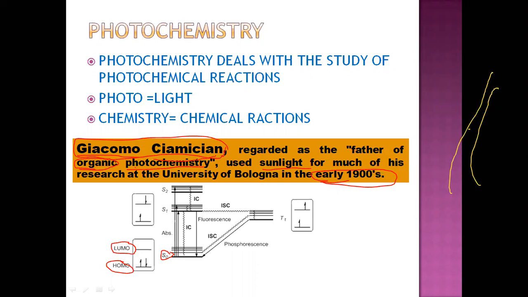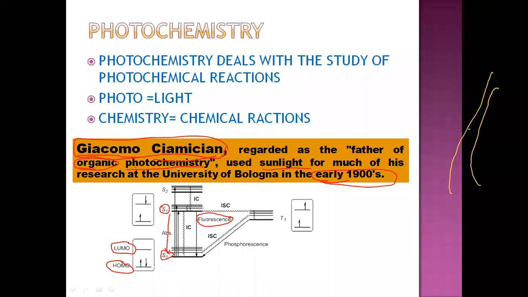Some electrons move up to S2. But when it comes down, due to de-excitation from the S1 energy level to the S0 energy level, it emits energy. This is called fluorescence.